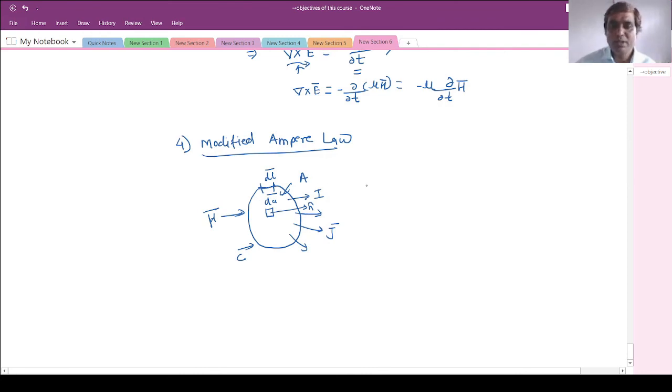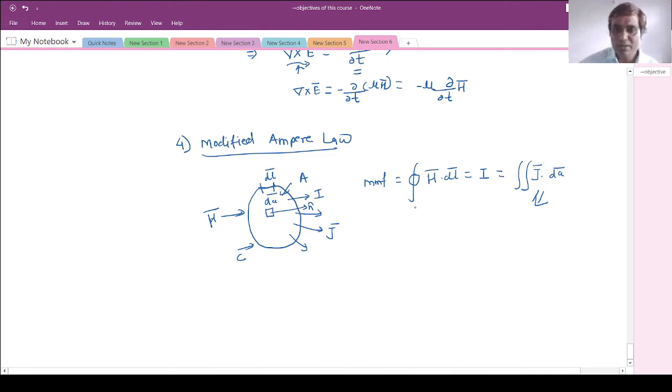The MMF will be the dot product between the magnetic field strength and the small length dl, taken as a contour integral. This is equal to the current flowing in it, which can also be written over the area as the dot product between the current density and the small area dA bar. This gives the total current flowing inside the loop.